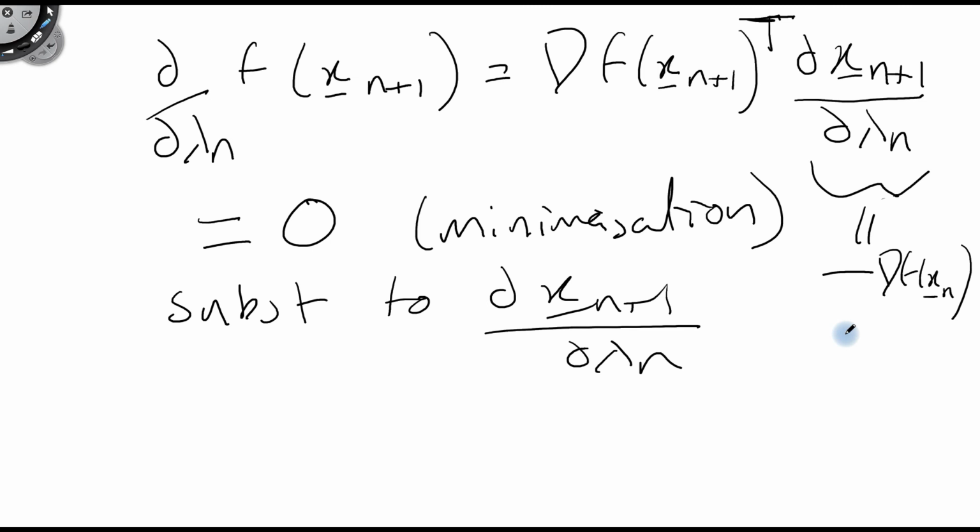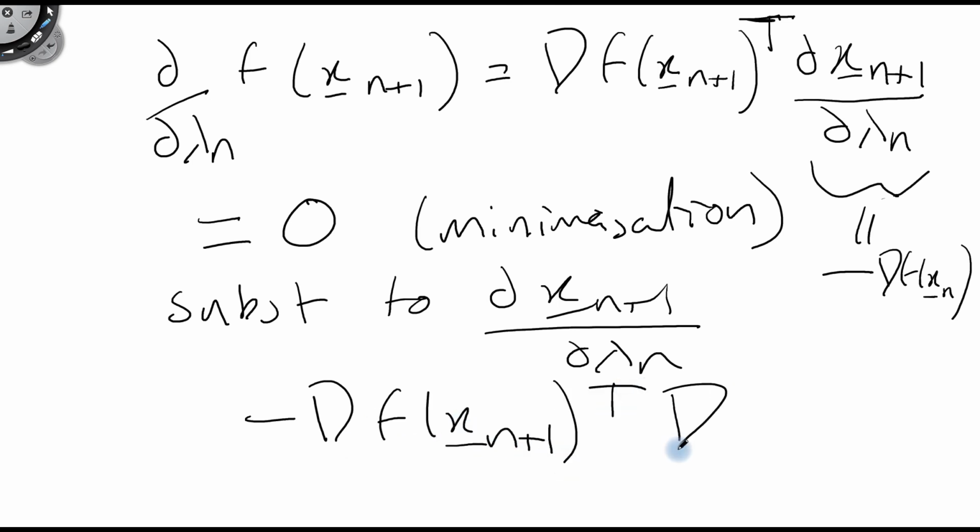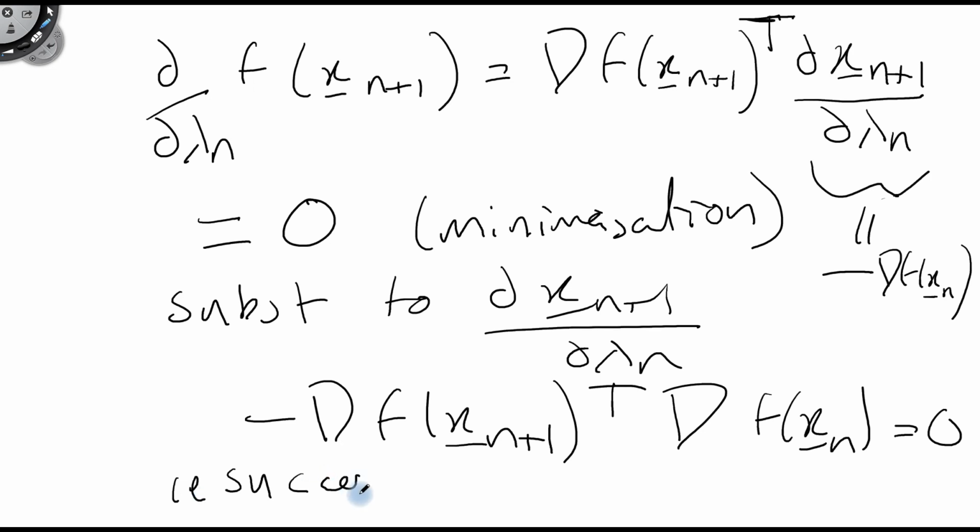So we end up with minus grad of f of x n plus 1 transposed times grad of f of x n is 0, which is exactly the perpendicularity relationship that we saw for the specific case, but this is showing more generally that it works. So, i.e., successive gradients are perpendicular.